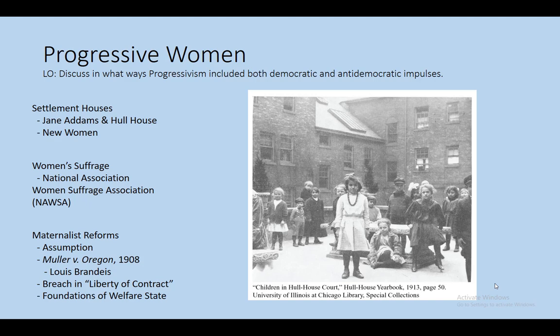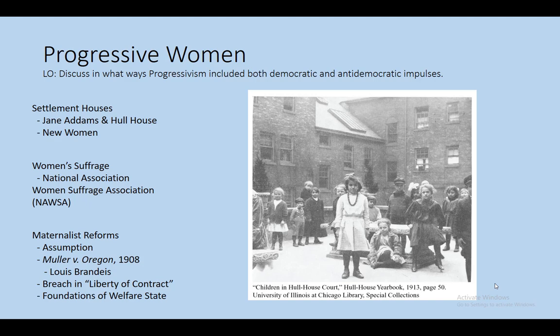And the fact that they were women gave them a certain moral authority. The fact that they were middle-class women gave them certain respectability. It ends up putting a lot of pressure on governments to address these problems that were too big for any one charity to solve. So settlement houses led to reforms in Chicago and eventually that are copied elsewhere.